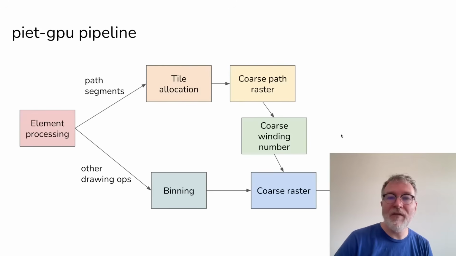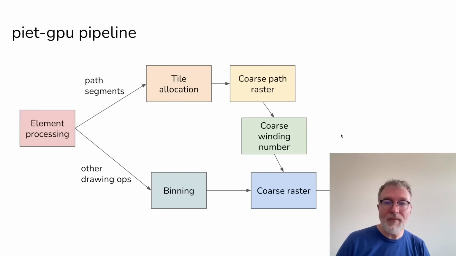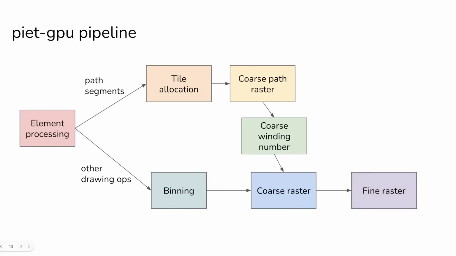So I have this very rough block diagram of how this works. You take the elements, you have this very high level representation of the scene, and you have two pipelines. The path segments are in one pipeline, and you render those into path segments that get tiled.